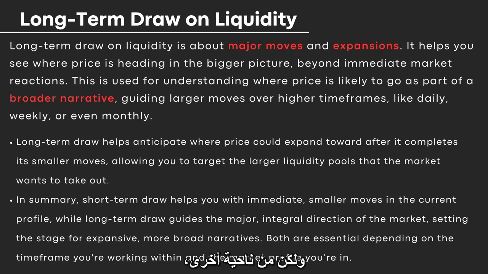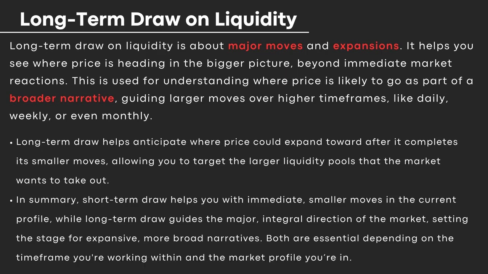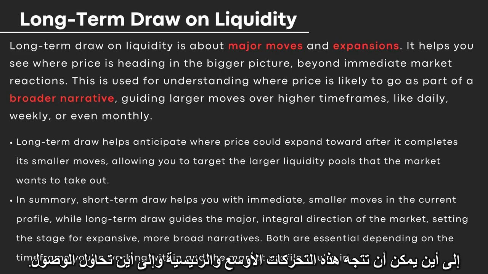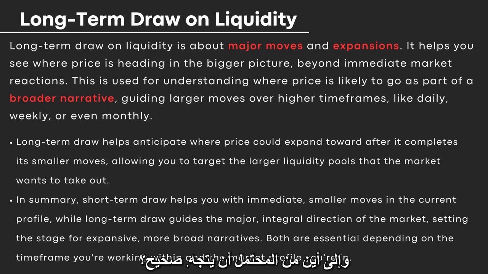But on the other hand, long-term drawn liquidity deals with expansions and reversals, showing us where these broader and major moves could go to and where they are trying to reach for, right? It gives us a perspective on the bigger picture on the market movements and where it's likely headed to, right?